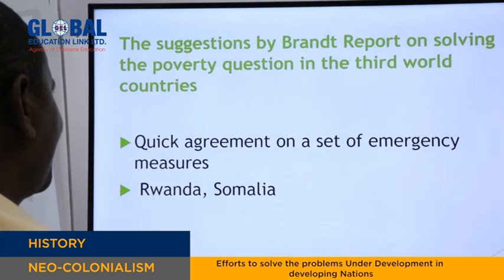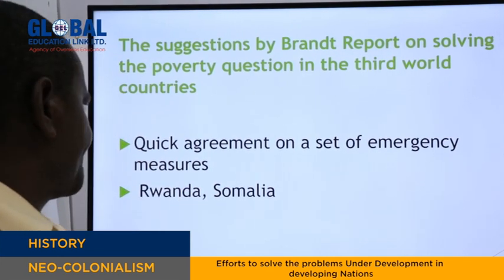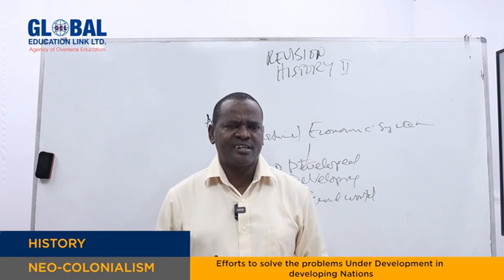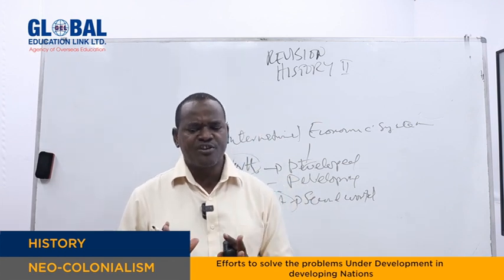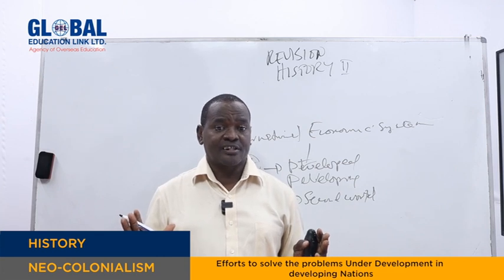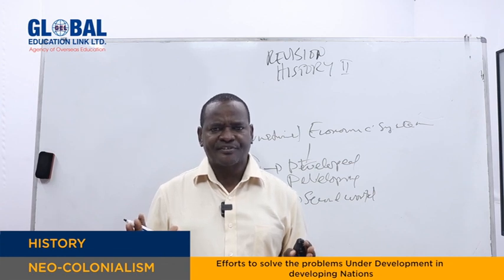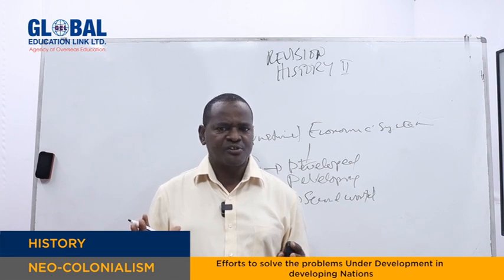So, my dear students, this is another thing: a quick agreement on a set of emergency measures. They said that there should be a quick agreement because they knew that what has been suggested might take a long time to reach a conclusion. For instance, when you speak of changing the international system, changing the managing economic system and giving third world countries more power, this is something which is not going to be done very quickly.